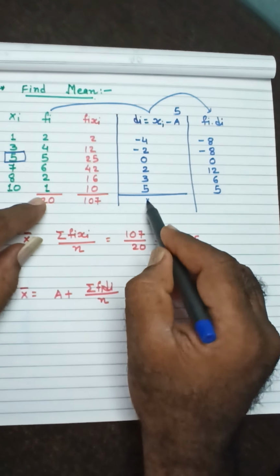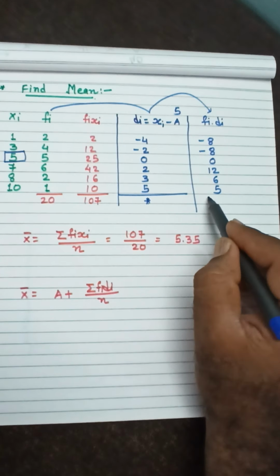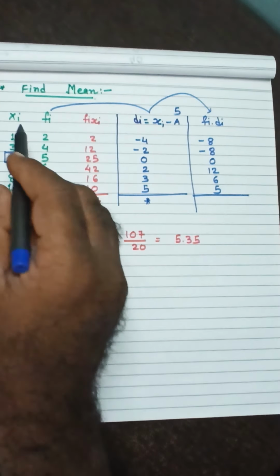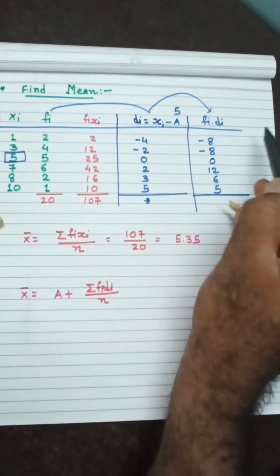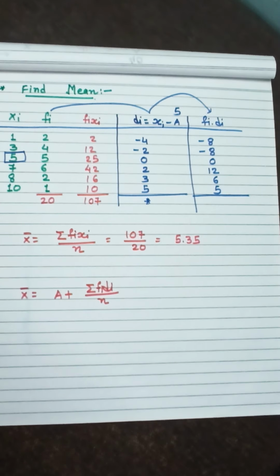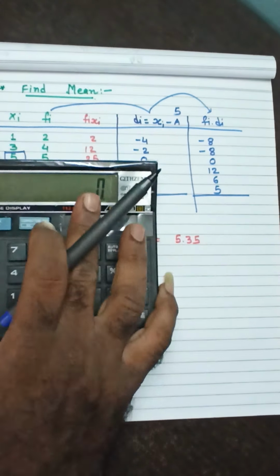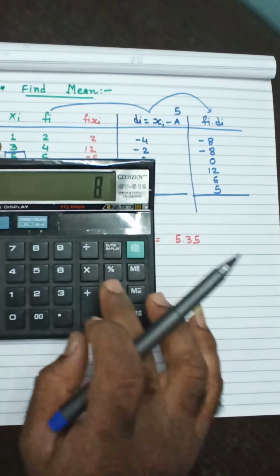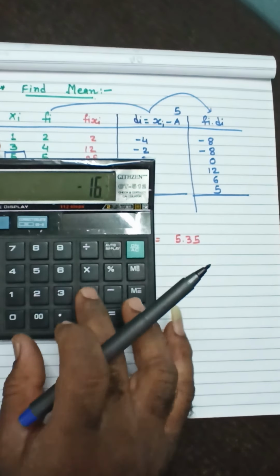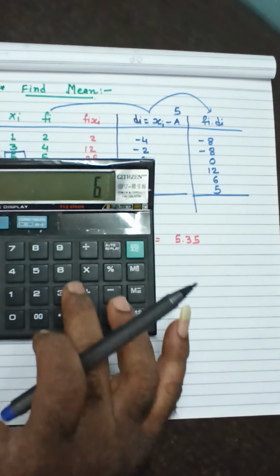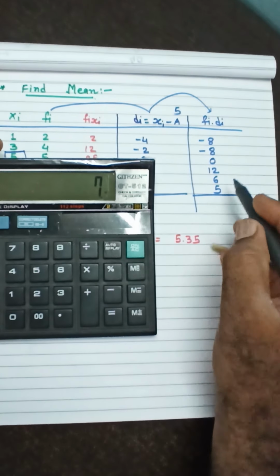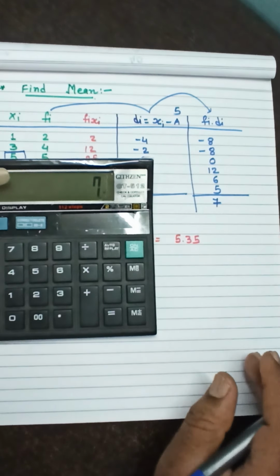No need for the total of di, but we are in need of the total of fi di. Total of this: minus 8 plus 12 plus 6 plus 5, and the total is 7.